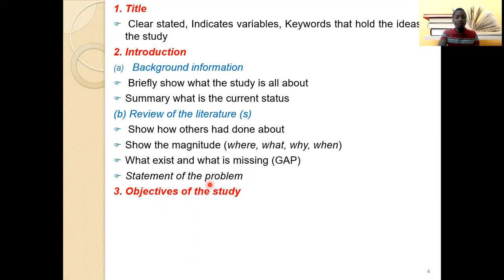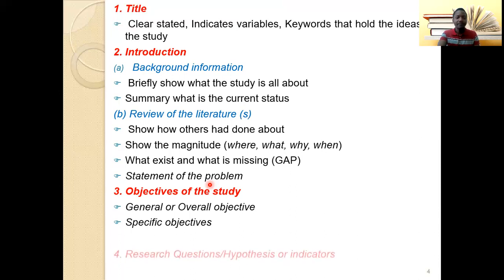You will have the overall or general objective, and then the specific objectives. These objectives should adhere to the so-called SMART: specific, measurable, achievable or attainable, realistic, and within a time frame.